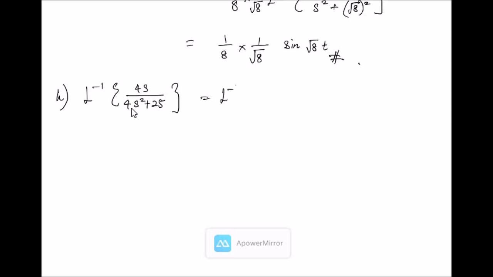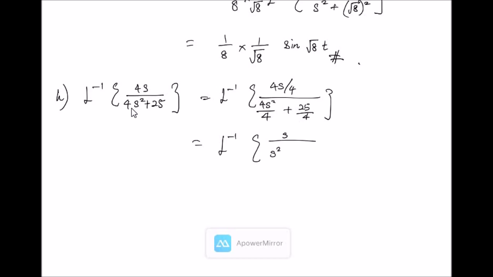Inverse Laplace transform of 1 over 4s squared divided by 4, plus 25 divided by 4. So this is equivalent to 1 over s squared plus, okay, usually you will have the square.